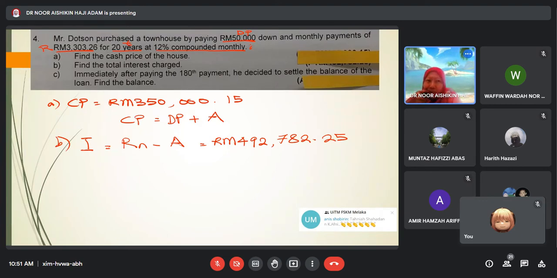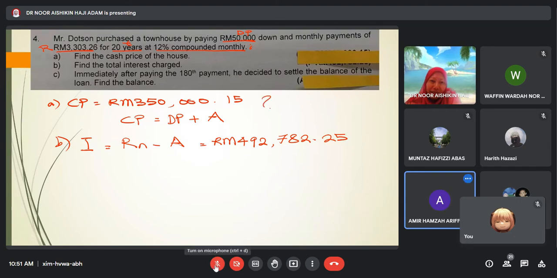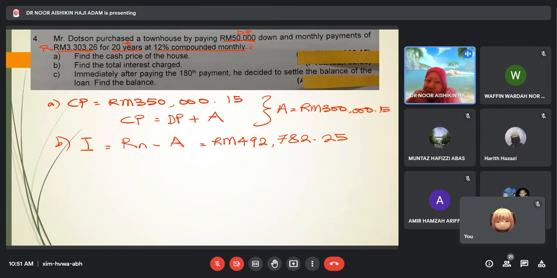What is the loan amount, class? What is A? What do you get for A? 300,000.15. Okay. Immediately after paying the 180th payment, he decided to settle the balance of the loan.